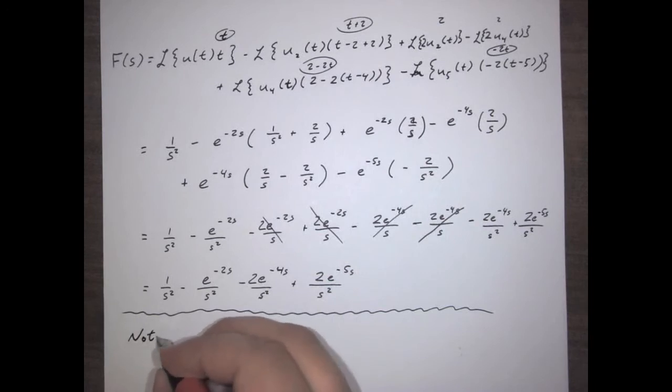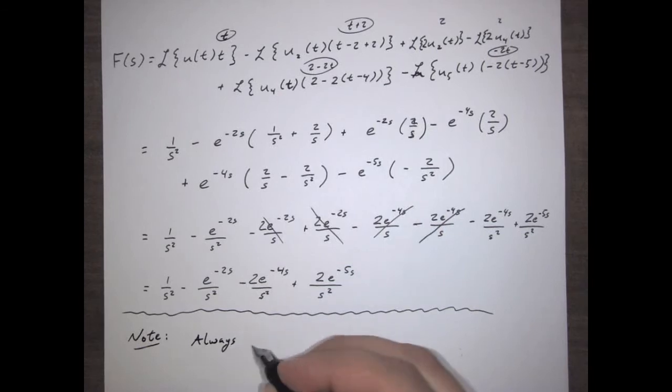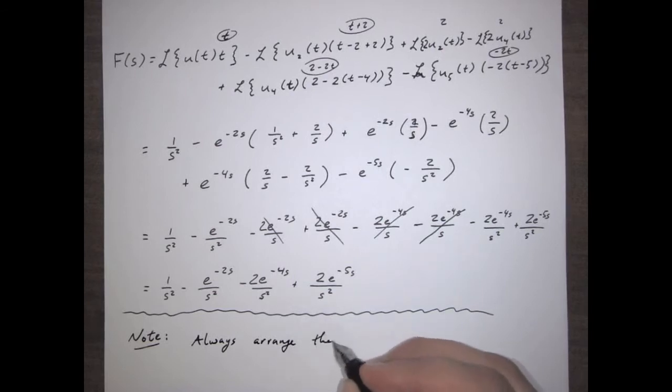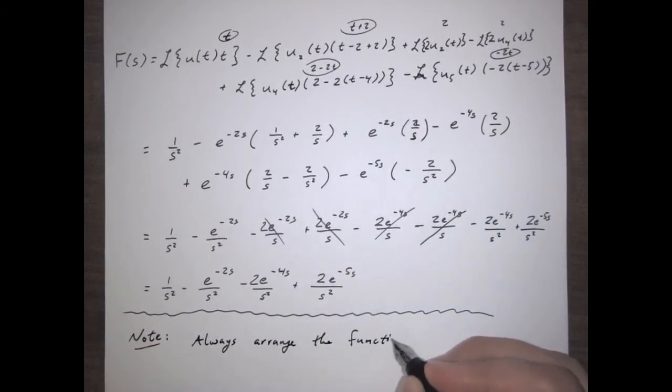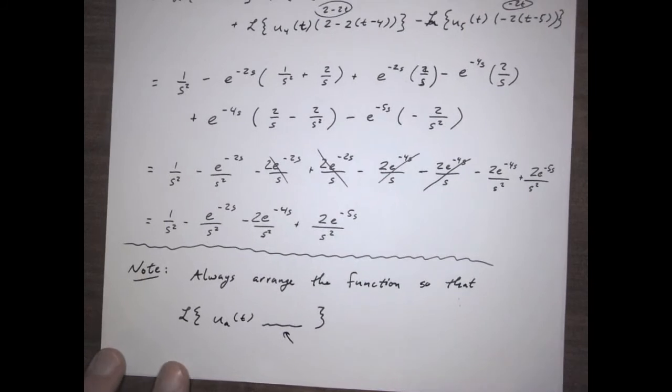So note, always arrange the function so that when you have the Laplace transform of u sub a of t times something, this something is always an explicit function of t minus a.